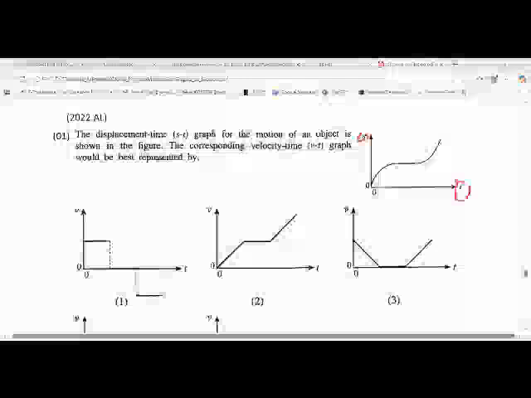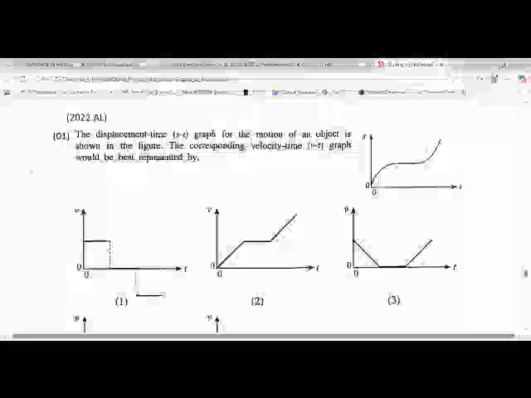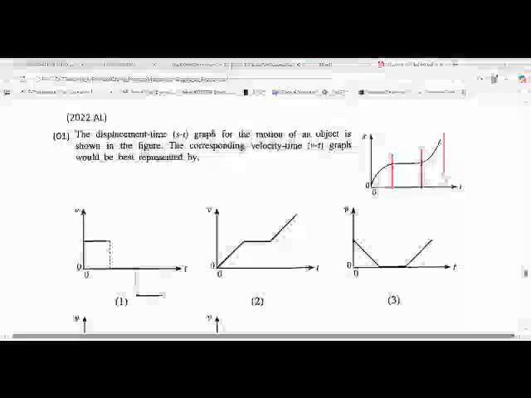First, you can separate this graph into 3 cases like this.